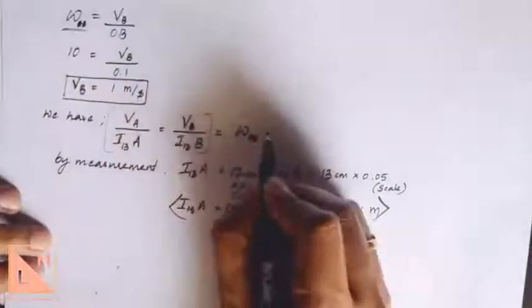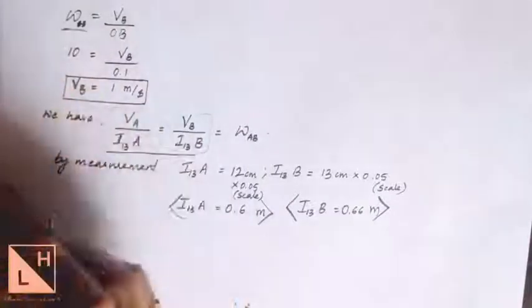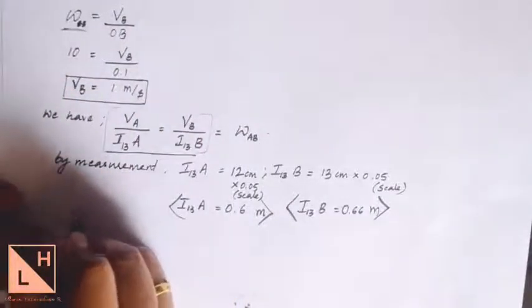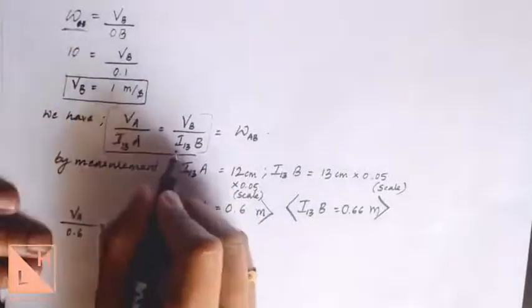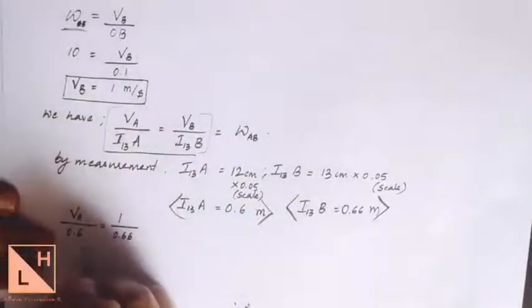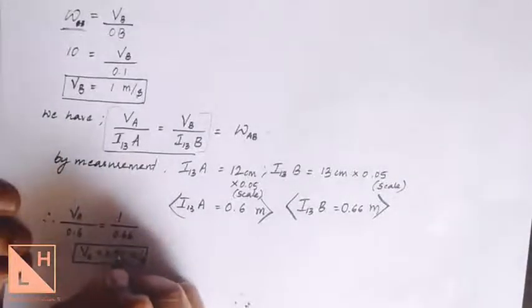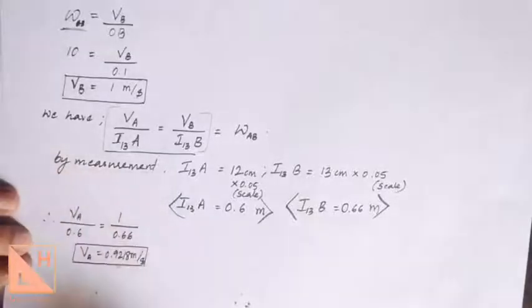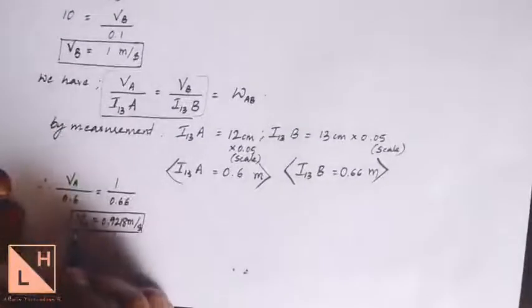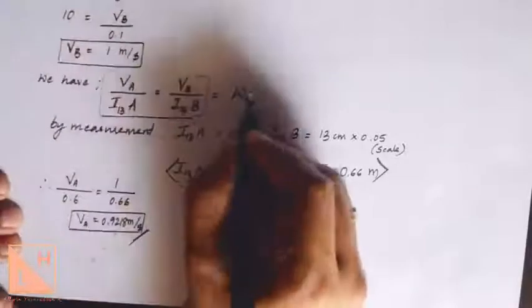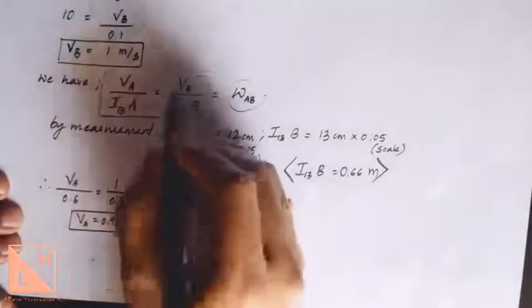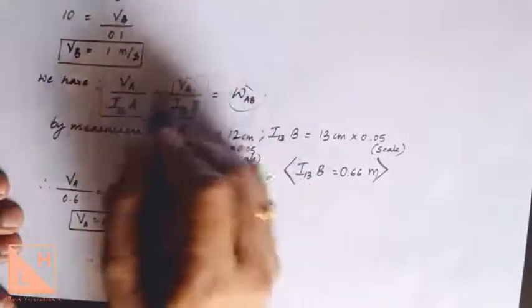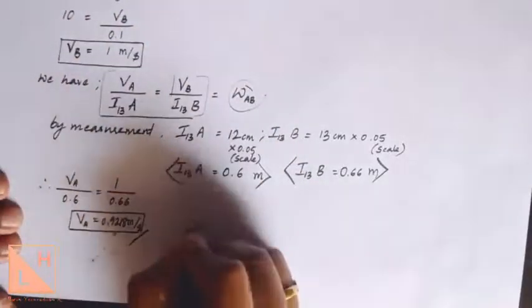Now come back to this formula and consider only the first two terms. So we get the value of VA as 0.9218 meter per second. So now we have got the value of VA, we can find out the angular velocity omega AB as well, right? So you consider either these two terms or the first and the last term, the choice is yours.